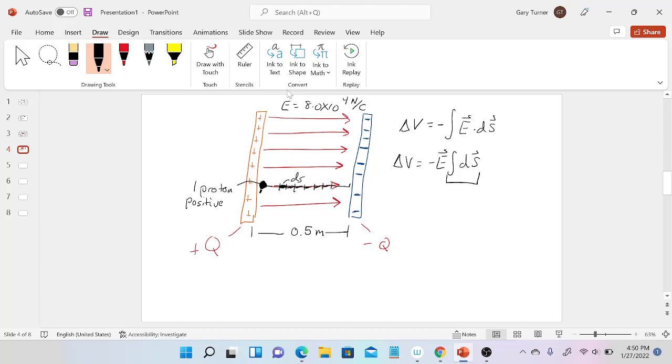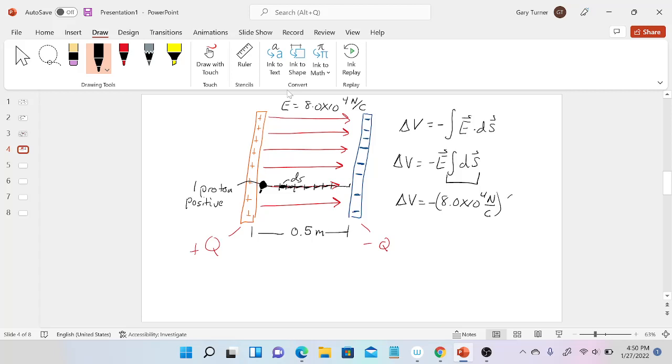So what we've got then is that the change in potential is going to be negative 8.0 times 10 to the fourth newtons per coulomb. That's the field.